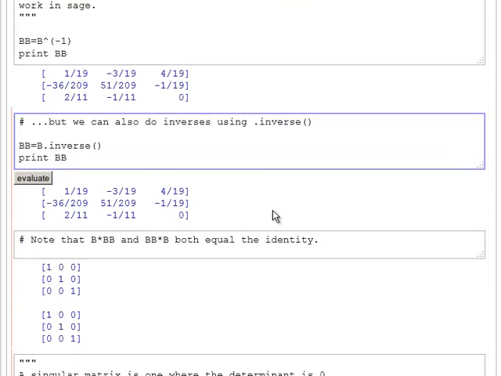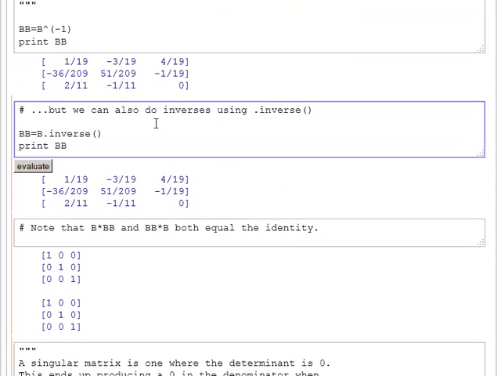Okay. Now the other way to do it, instead of putting all of that symbolism in, is to just use the inverse method. So if you take B dot inverse and put a couple parentheses to indicate that that's a function. Whenever you have a function, you have to put the parentheses whether there's anything in it or not.